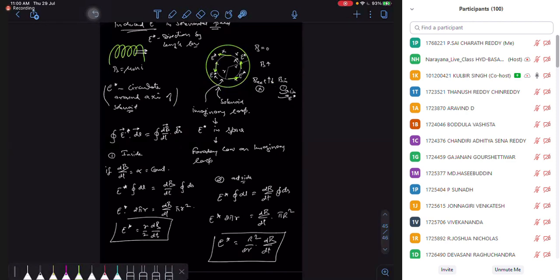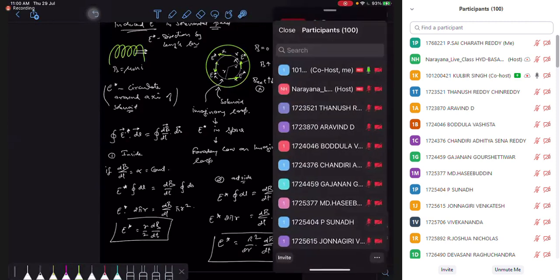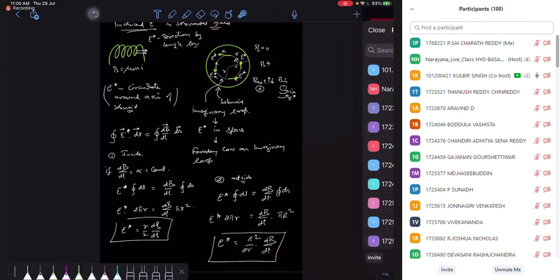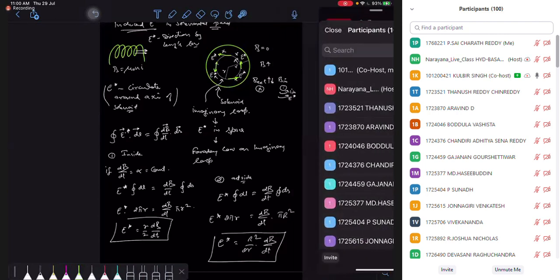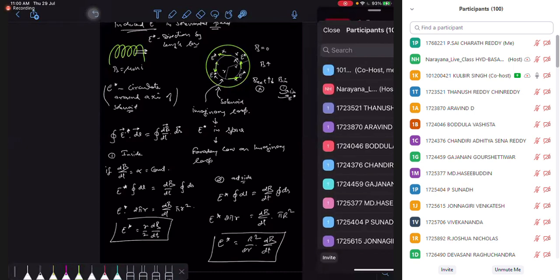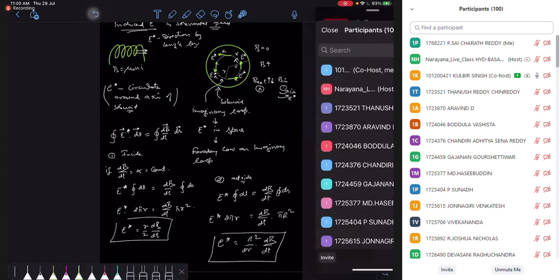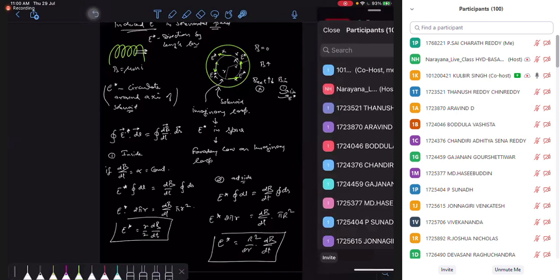So even insulators satisfy Faraday's law. Even though the experiment has not been done on insulators, this induced electric field says that nature supports Lenz's law even for the insulator.